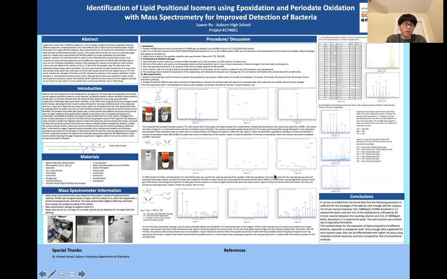And one thing to note is that this reaction was much slower than the epoxidation reaction. If I did include it in the end, it would have taken much longer for the process to complete and potentially reduce the effectiveness of the quick, rapid testing idea of the project.